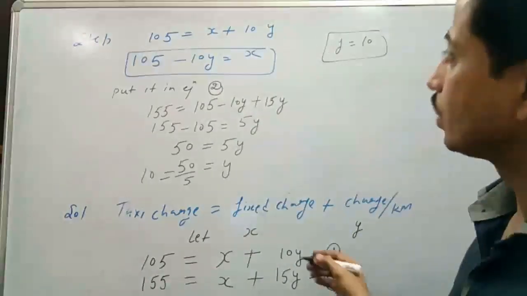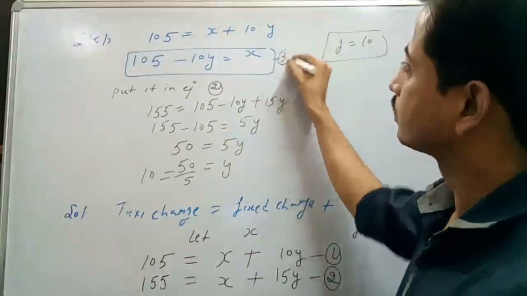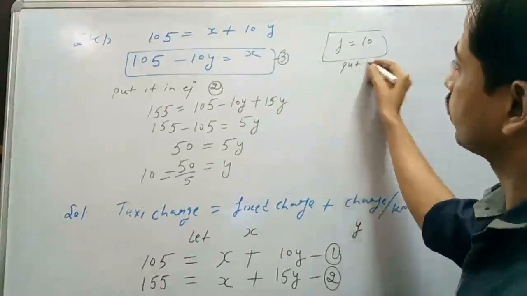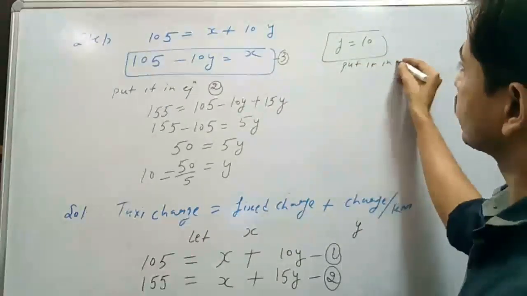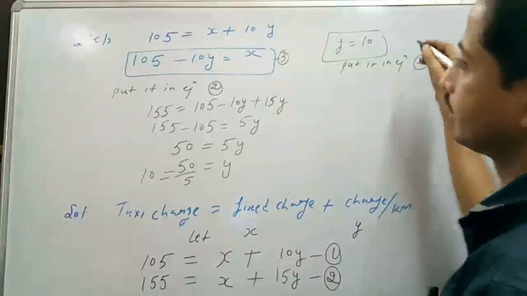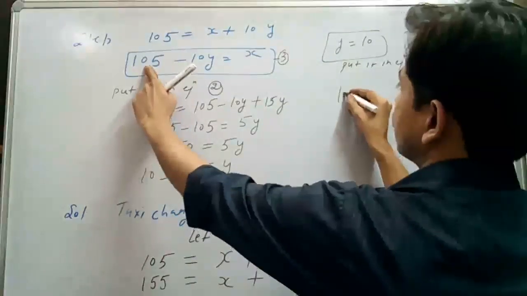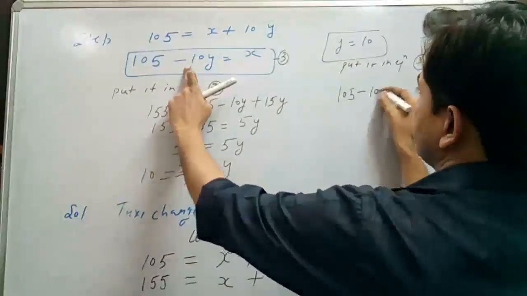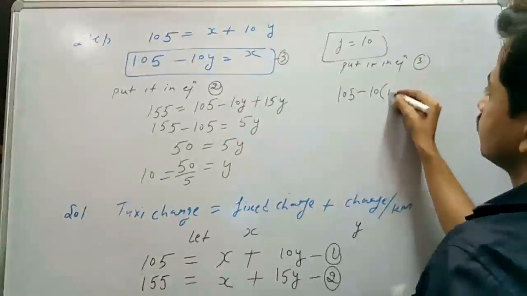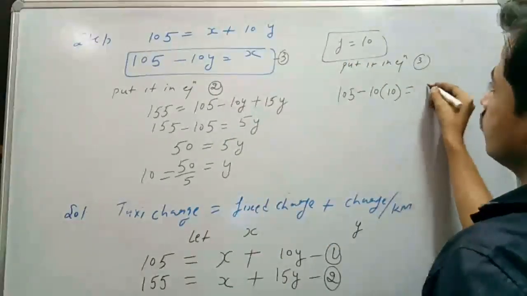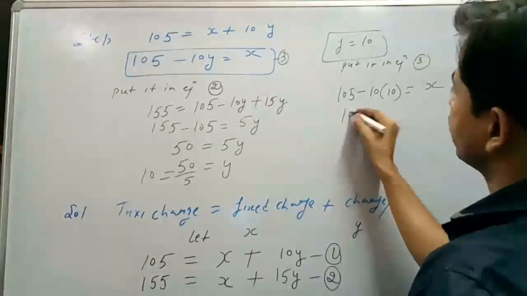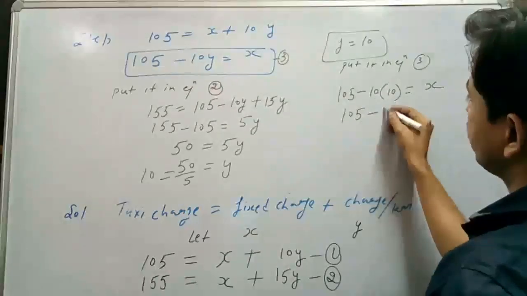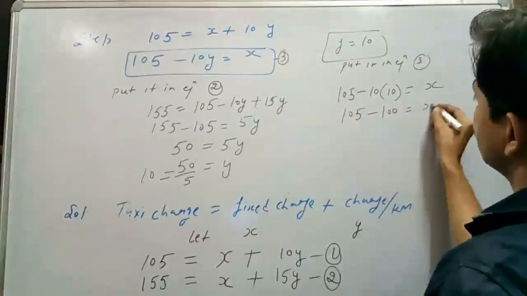Now put it in equation 3. Now solve this. 105 minus 10 into y, and the value of y is 10, which is equal to x. 105 minus 10 into 10, that is 100, which is equal to x.